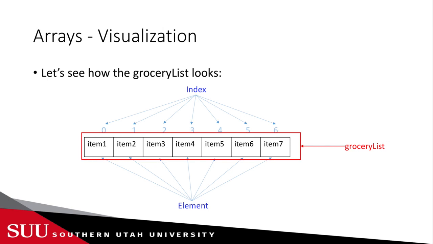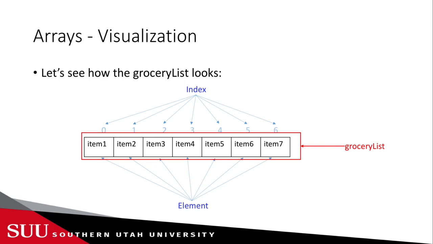Now the whole thing is going to have the name, for example, grocery list. And inside my grocery list, my element number 0, which is going to be my first element, is going to be item 1, and the element at index 1 is going to be the second element, containing item number 2, and so on until we reach the last one.